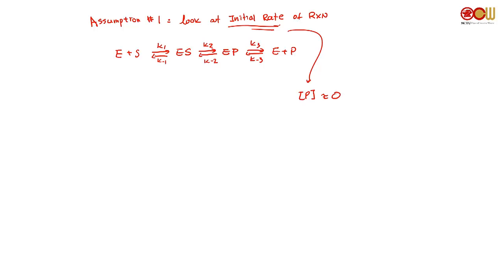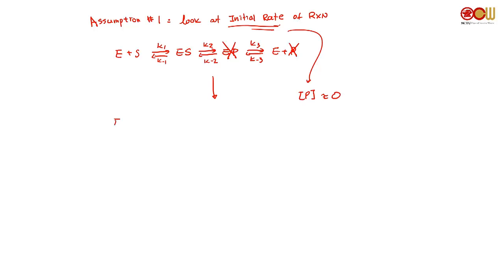Since the concentration of product is 0, we can drop some terms. We can drop this term, and this, because we don't have P.